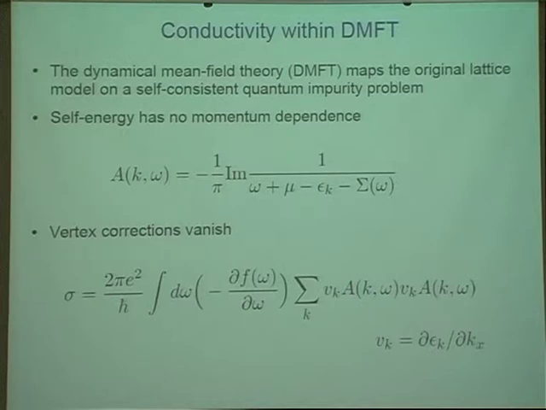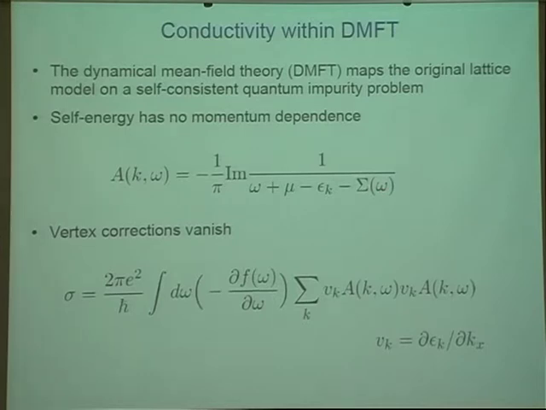The price to pay in this approximation is that you still have the local dynamics of your problem, which means you still have a self-energy that depends on frequency, but you lose its k dependence. You have no information about spatial correlations. Because of this, the expression for the spectral function is almost the usual formula, except there is no k dependence here.